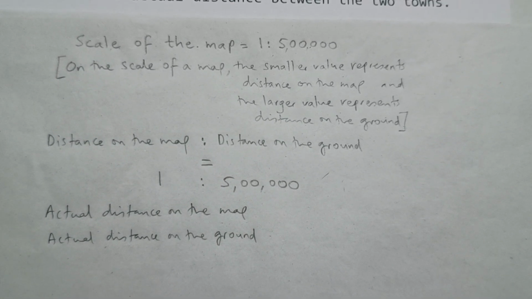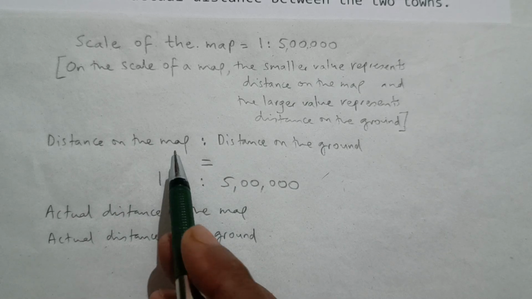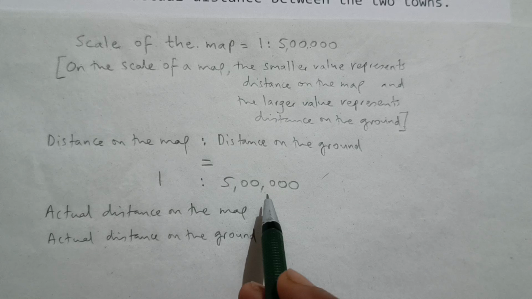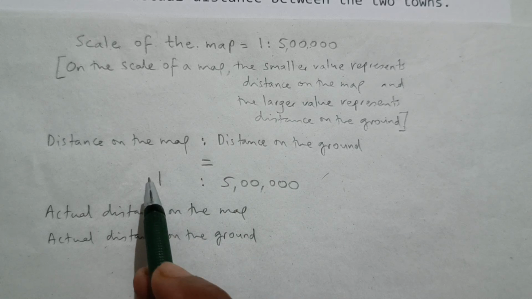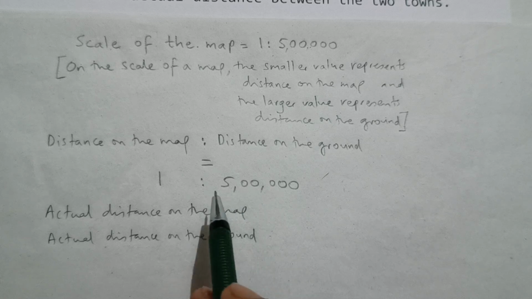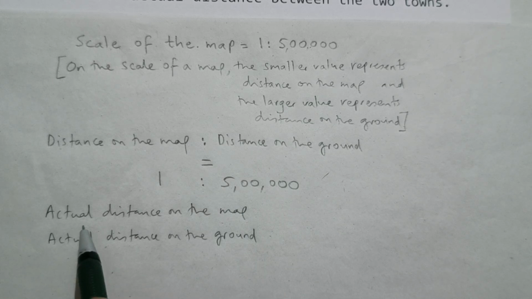So how can I find out? The ratio of distance on the map and distance on the ground is 1:5 lakh. So if I multiply this ratio by a number, I will get the actual distance on the map and the actual distance on the ground.